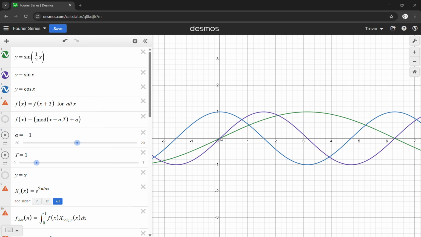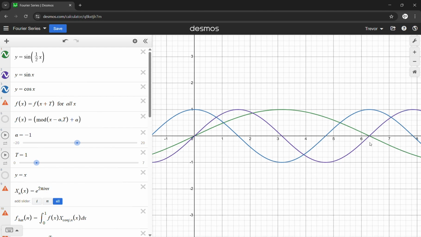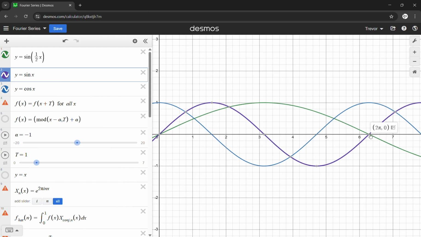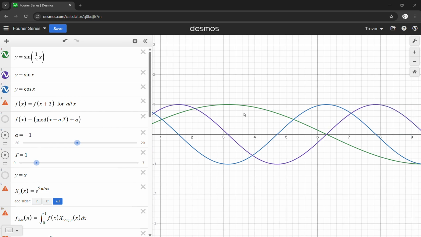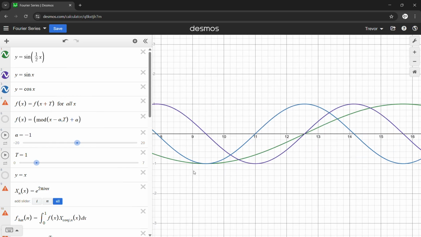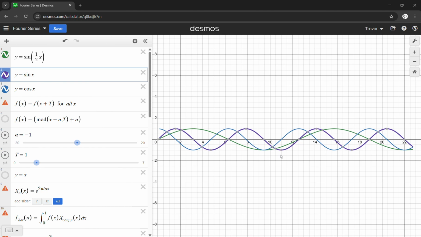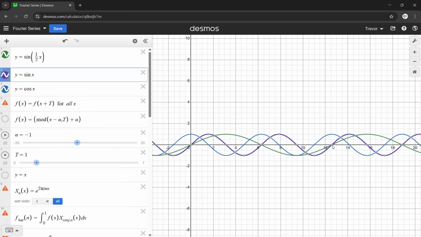What used to be a period of 2 pi, right? This is 2 pi. That was our period. Now for the green function, it's going to be twice that. So here, this is our period for the green function. It's 4 pi. So now we've stretched the period out twice as much.